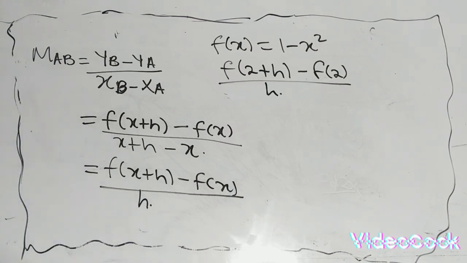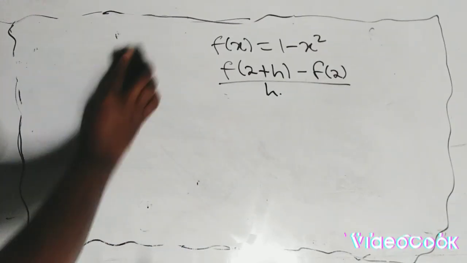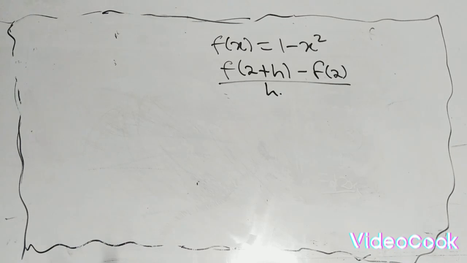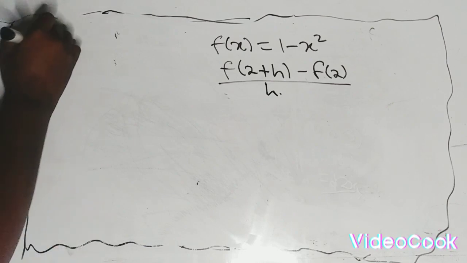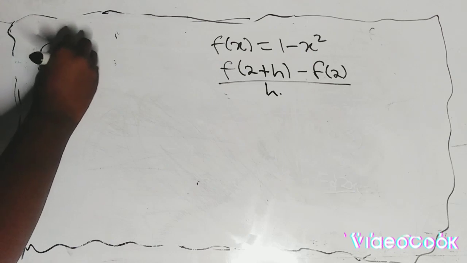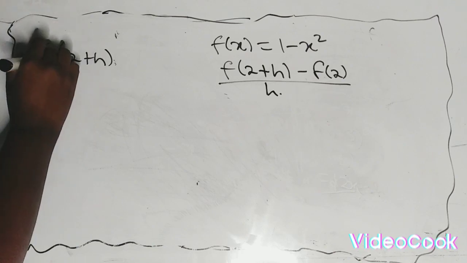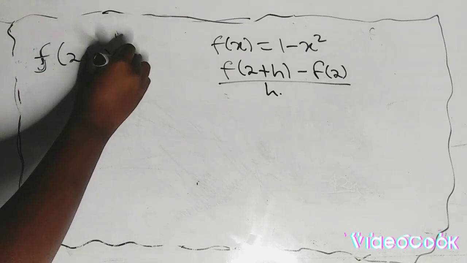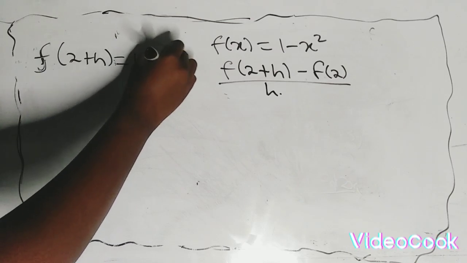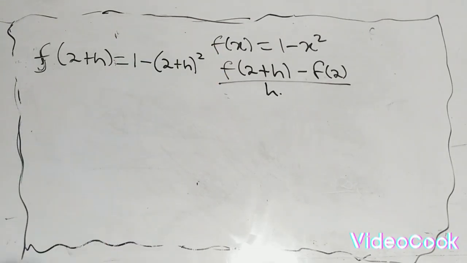For us to get that solution, it's very easy. Let me erase this side. We are told our f of x is 1 minus x squared. So if they say f of 2 plus h, let's first deal with f of 2 plus h. It means in place of x, I'm going to write 2 plus h. So this is equal to 1 minus (2 plus h) to the power 2.